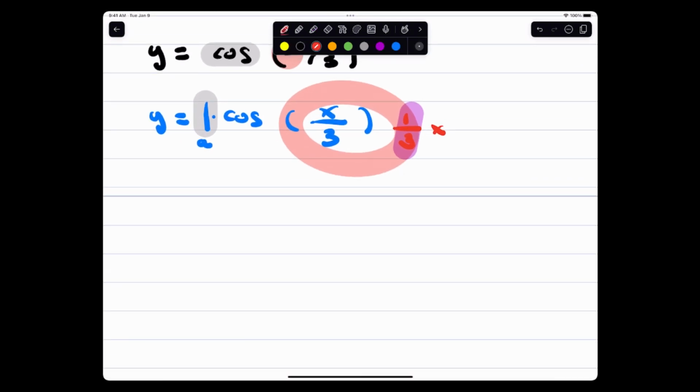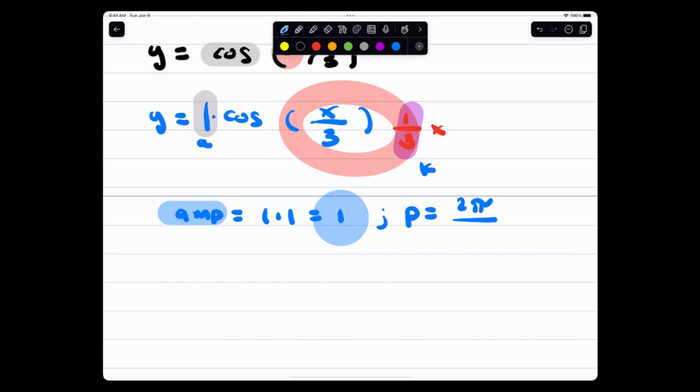So, okay. So, ladies and gentlemen, if we're going to find the amplitude, it's the absolute value of 1, which is 1. Is that right? And if we're going to find the period, it's 2 pi over k. What's k? 1/3.